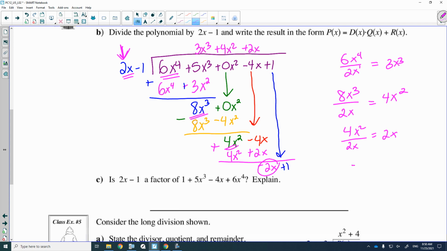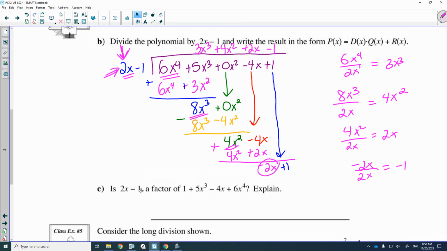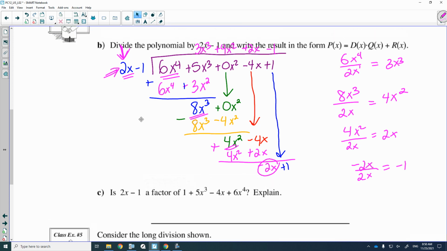Take that negative 2x, divide it by the first term of the divisor, which gives you negative 1. So that's going to be the constant of your quotient. Negative 1 times the divisor is going to be negative 2x plus 1.